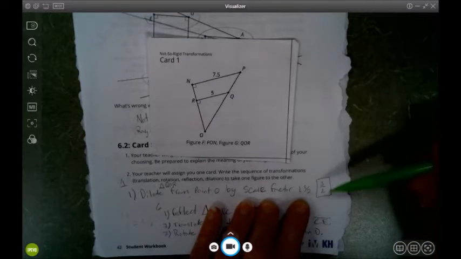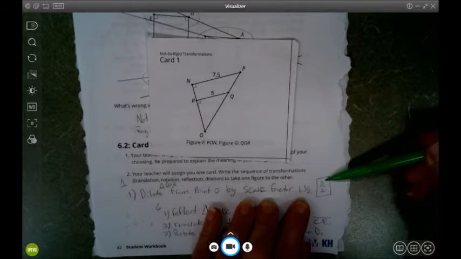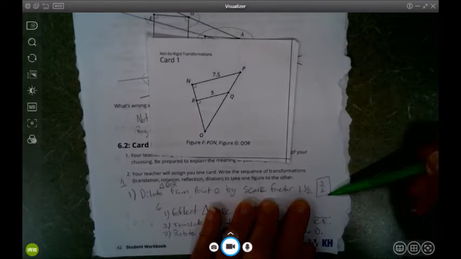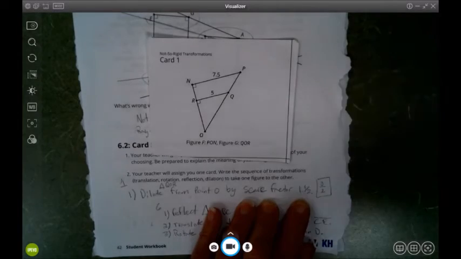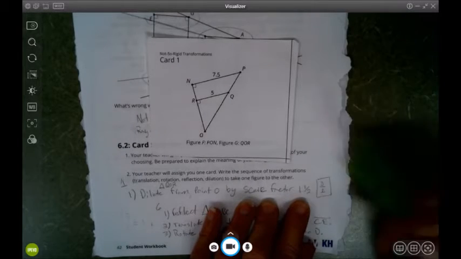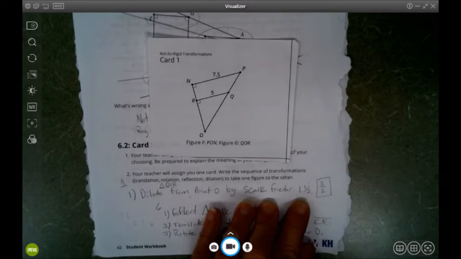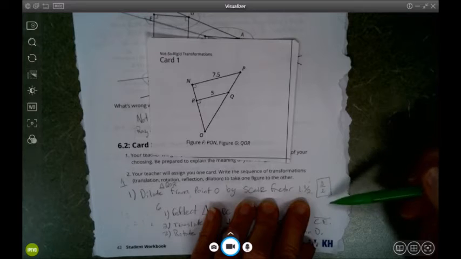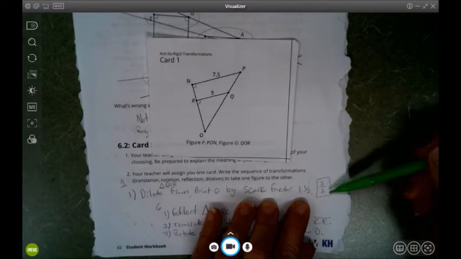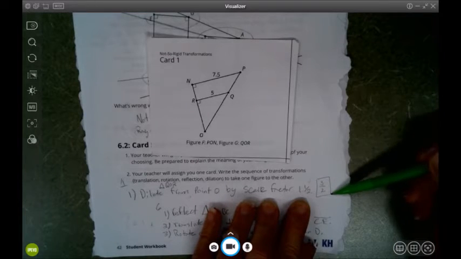The reason is because it's giving you the relationship of the ratio of one side to the other side. Whereas when it's a mixed number, it doesn't specifically say this side to this side. Does that make sense? So love that you're putting it as a mixed number in terms that you know how to, but let's leave our scale factors as improper fractions, reduced. So if it had been 6/4, we would want to write it as 3/2.